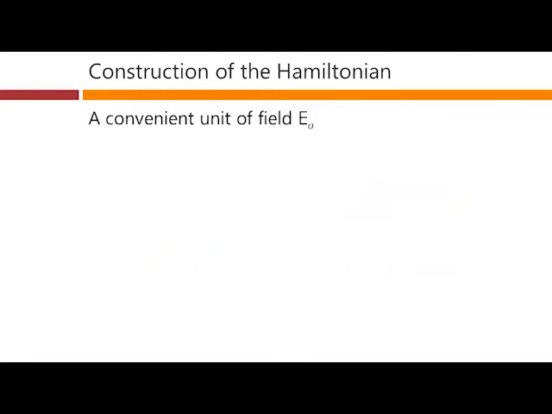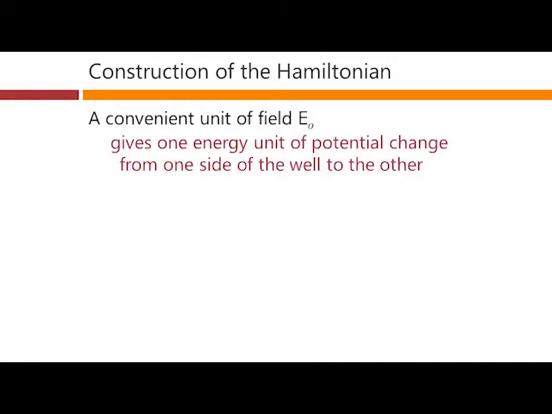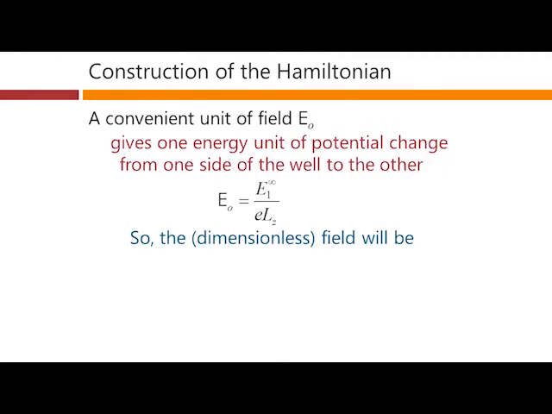A convenient unit of field to use here, some field E naught, is one that would give one energy unit of potential change from one side of the well to the other. So that would be a field unit that corresponds to that confinement energy of the first level in the well divided by the electronic charge e times the width of the well, Lz. So the dimensionless field then will be some number f, which is the actual field divided by this field unit here.